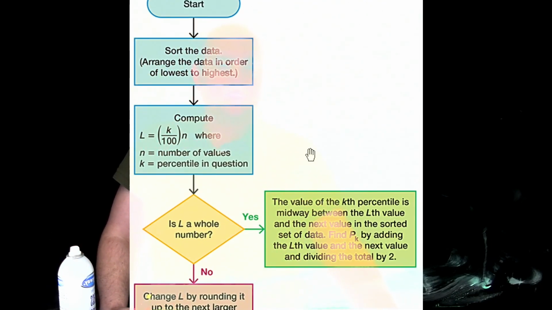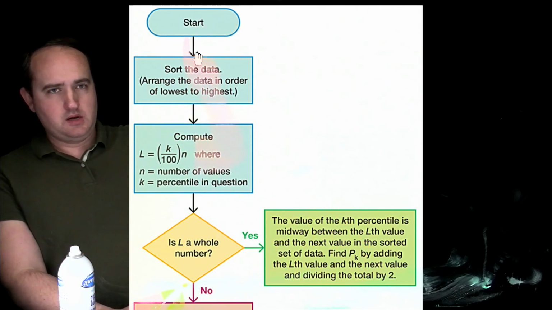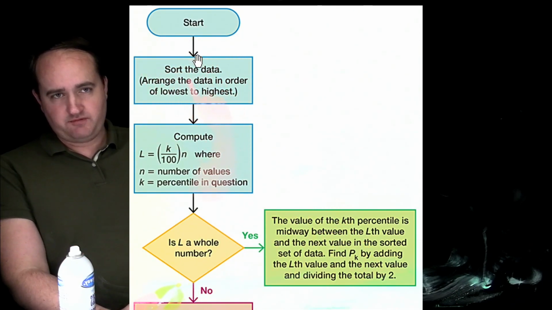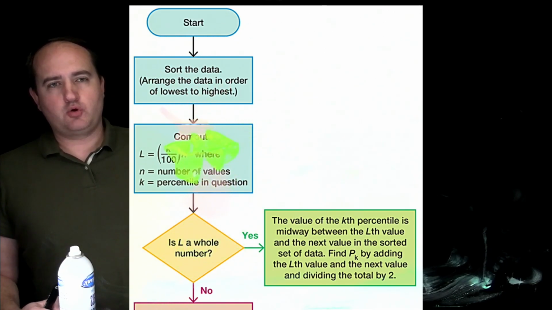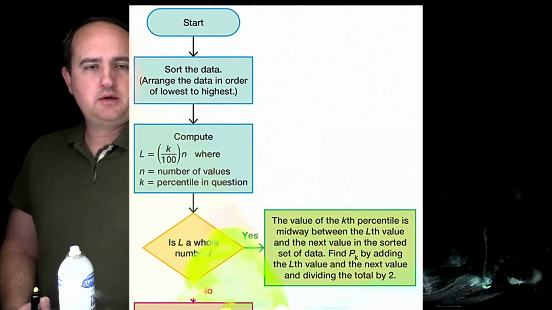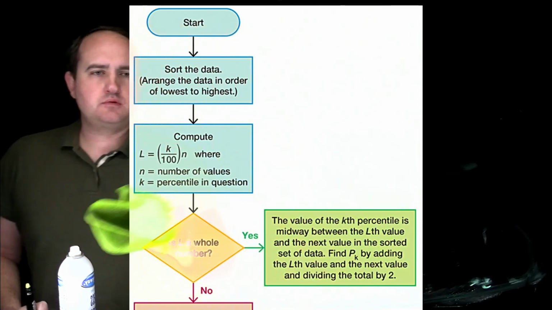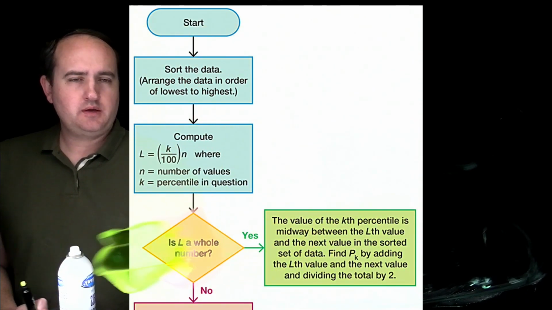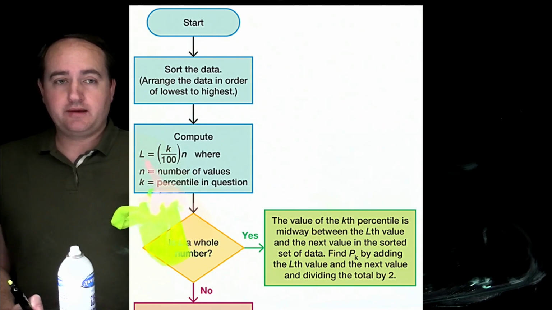Just like in the previous video, we want to sort the data if it's not already sorted, in order of lowest to highest. Then the next thing we do is calculate L, which is known as the locator.